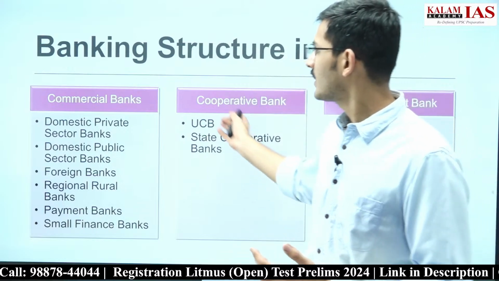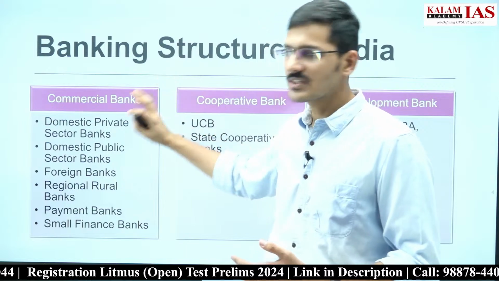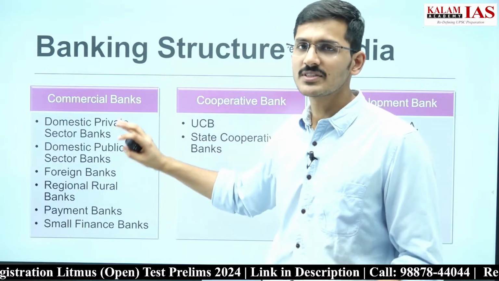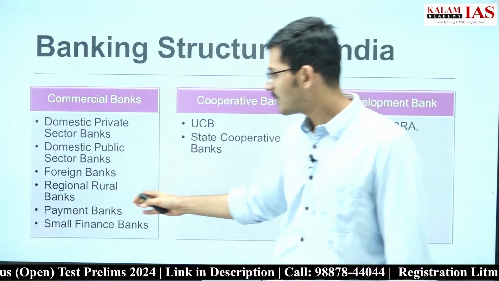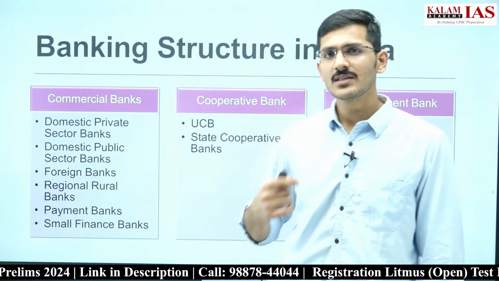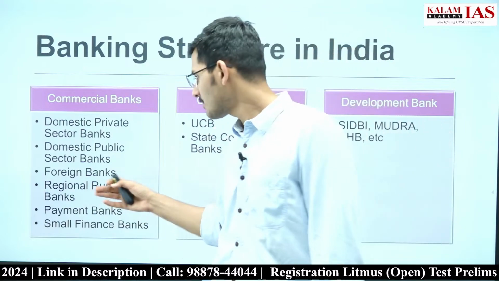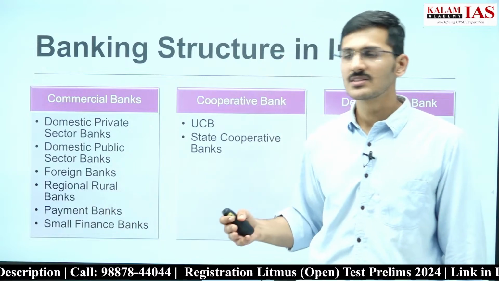The biggest and the most important, obviously, is the commercial bank sector, in which there are domestic banks, both public sector and private sector banks, and foreign banks. Then there are differentiated banks also. For example, payments bank and small finance bank are differentiated banks. They provide specific services. For example, payments banks cannot provide credit; they provide remittance services.